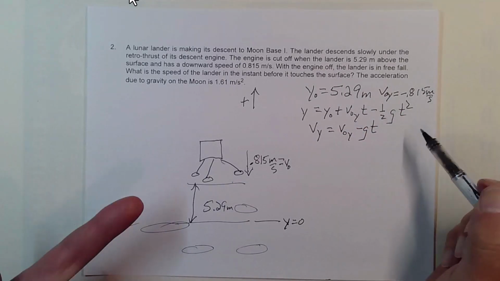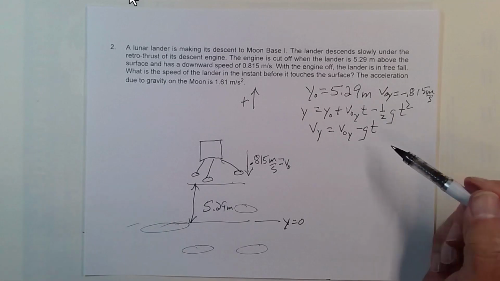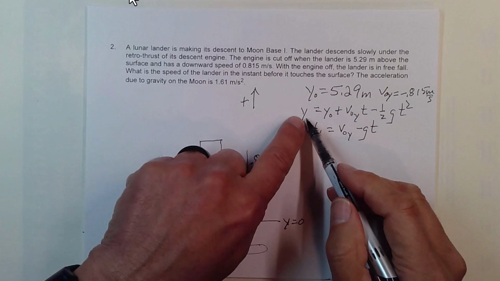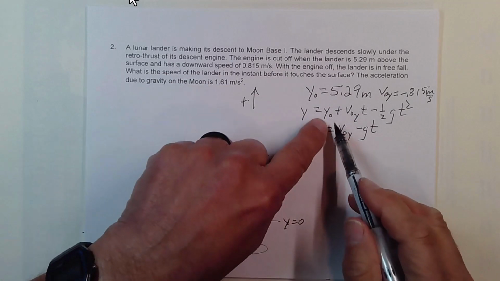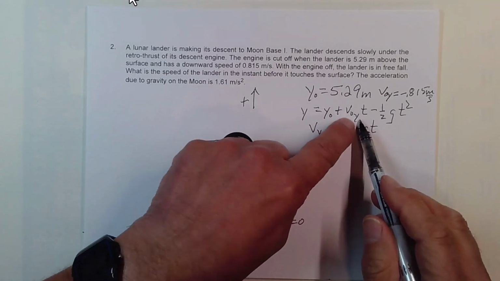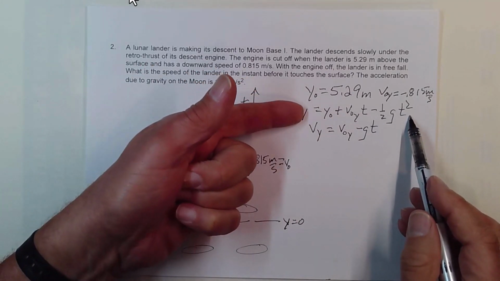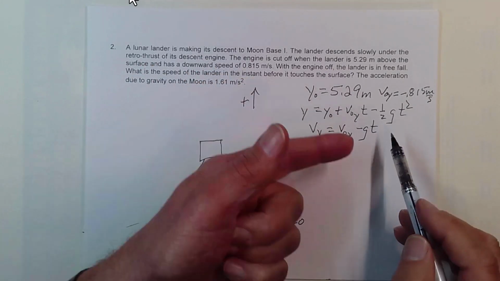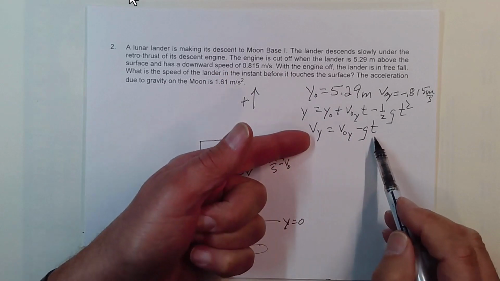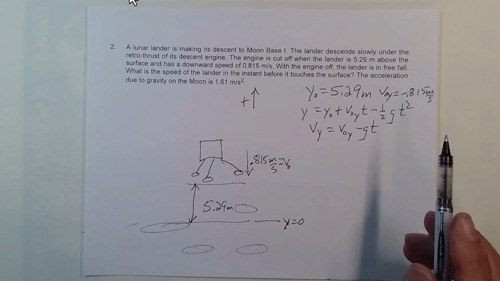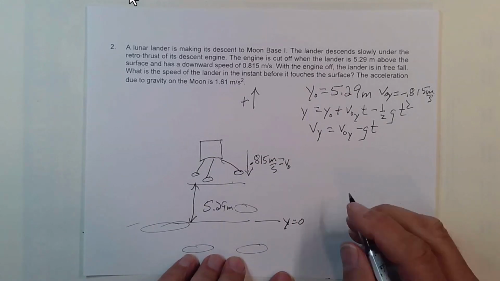So here's what I could do, but I'm going to go an easier way. We know that y is going to equal 0 at the bottom. We know what y naught is. We know what v naught y is. We could solve a quadratic equation for t and then plug it into this equation to figure out the descent, or how fast it's going when it hits the surface. But we can also do this.